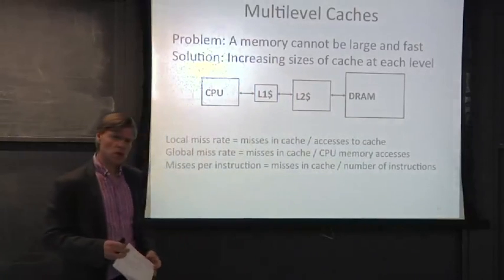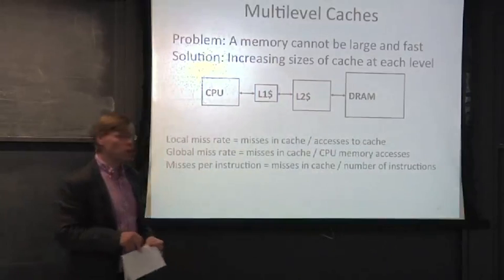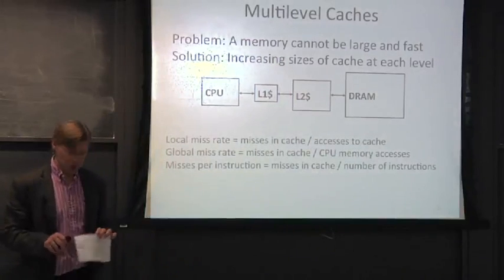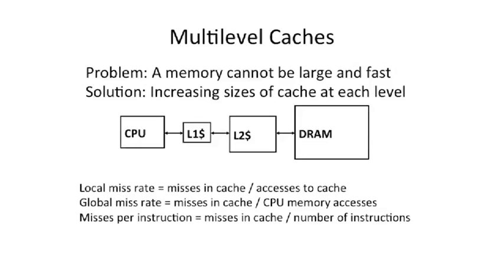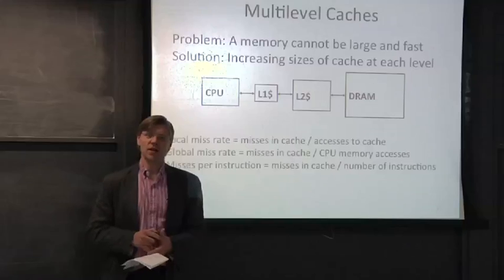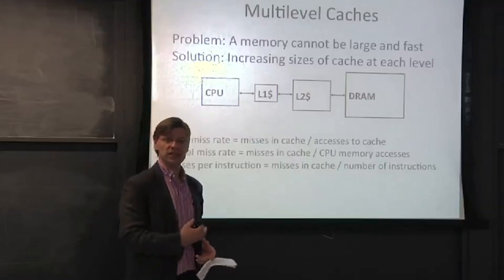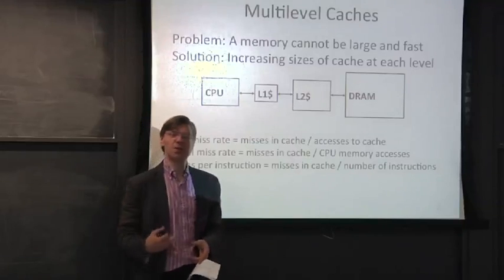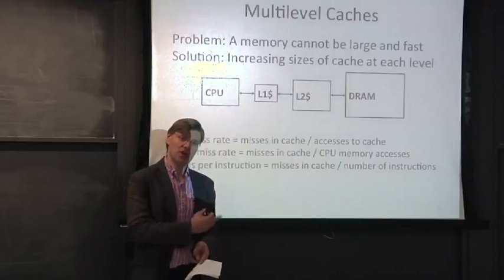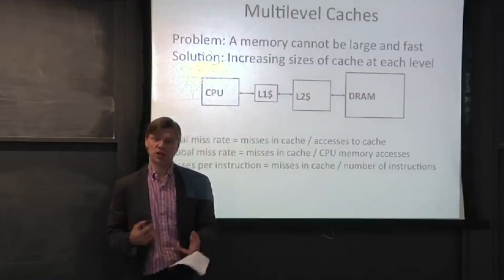OK, so I wanted to introduce some nomenclature here, because you're going to see it over and over again throughout caches. And it's important that we introduce it now when we start talking about multi-level caches, because just because you see a low cache miss rate does not mean a cache is performing well, especially when you get into the multi-level cache domain.